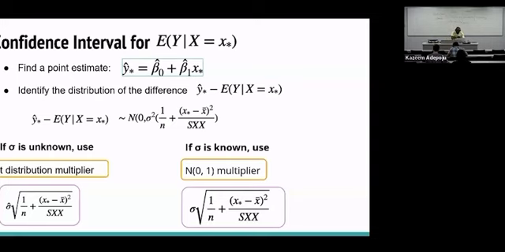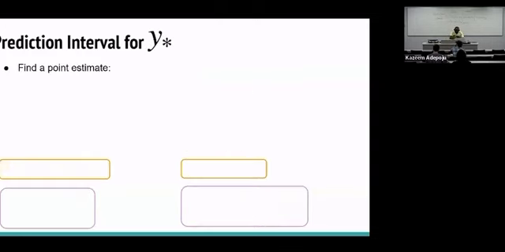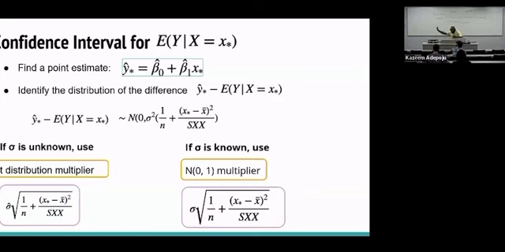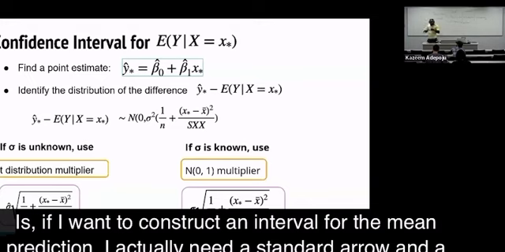Now, the takeaway from this slide is, if I want to construct an interval for the mean prediction, I need a standard error and a multiplier, because the combination of the standard error and the multiplier will give you the margin of error.